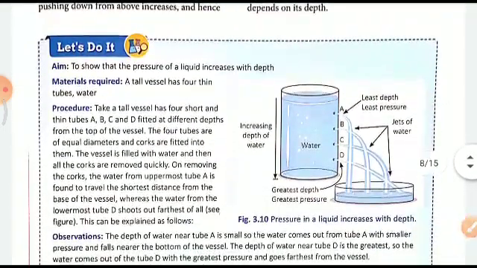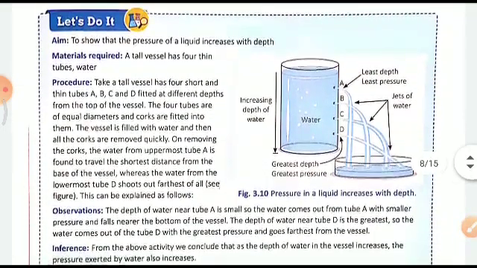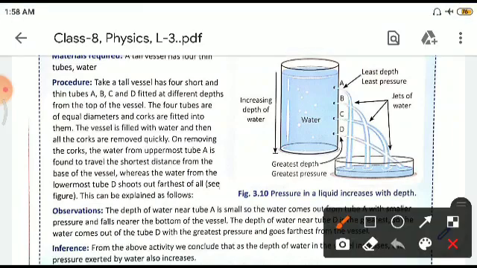See, children, this is a very beautiful explanation of that. To show that the pressure of a liquid increases with the depth, take any vessel like this and make some holes, fill it with water, and you will find that the water coming out from the bottommost hole will be the maximum, and at the top one the flow will be very low.